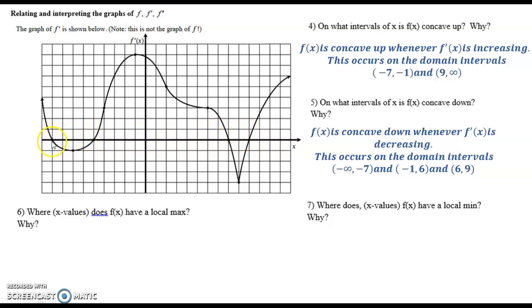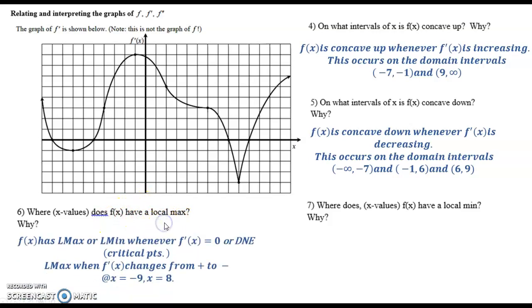So we're going back to those critical points of f and saying, okay, where does the derivative change sign from positive to negative? Because f of x has a local max or min whenever the derivative is equal to 0 or does not exist, critical points, and a local max when the derivative changes sign from positive to negative.